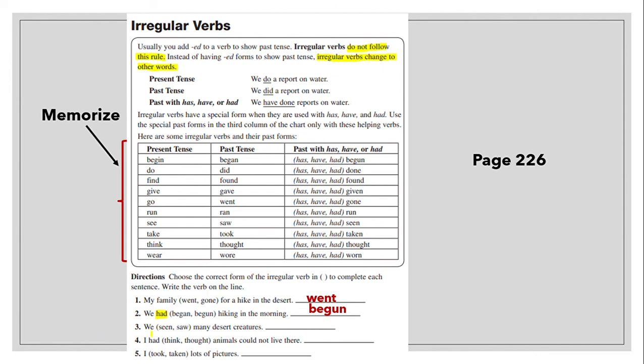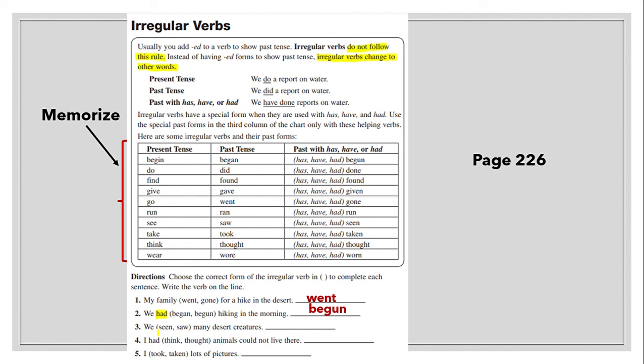Number 3. We seen or saw many desert creatures. Do we have has, have, or had? Ask yourself, is there has, have, or had? No. Then which form of the irregular verb will I choose?